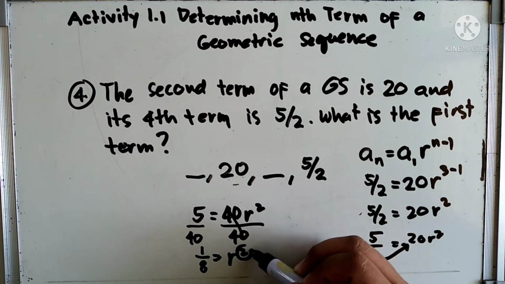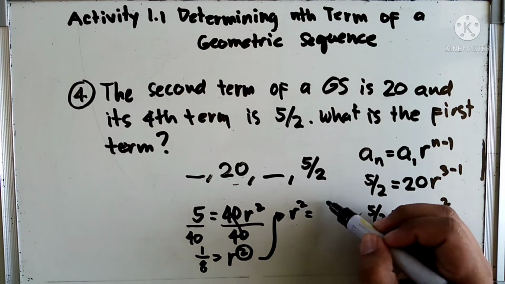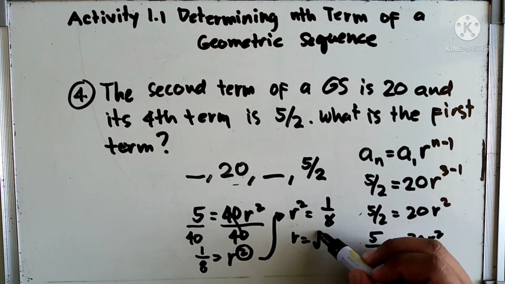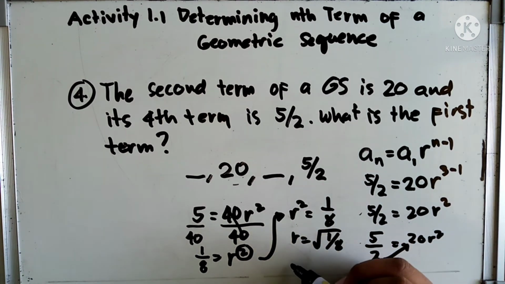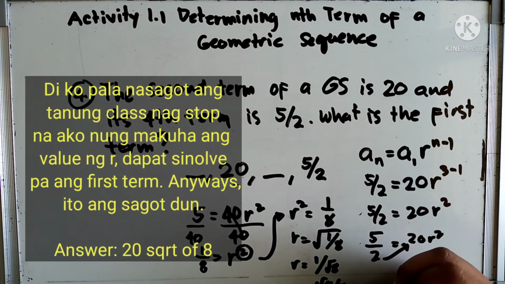So, we can take the square root. We have r raised to 2 equal to 1 over 8. So, take the square root. We have square root of 1 over 8. The square root of 1 is 1. The square root of 8 is the square root of 8. So, our r must be square root of 8 over 8.